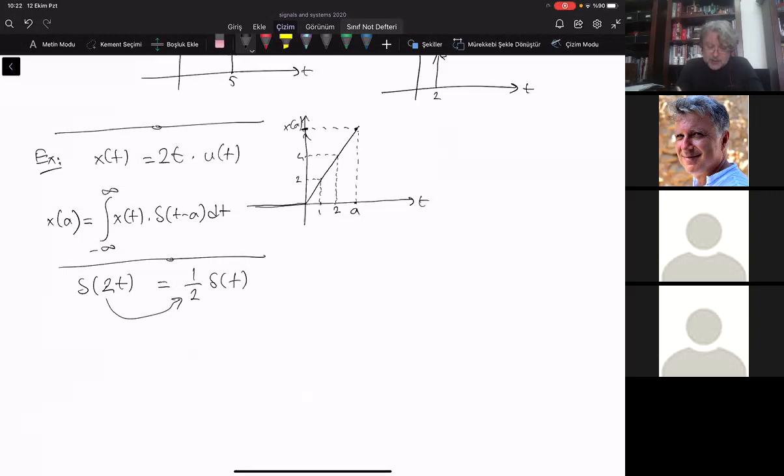Conversely, if you divide t by some number, delta of t over a is actually a times delta t. If you do not understand why this happens, then you have to just accept and apply it like a formula, which I hate to do.